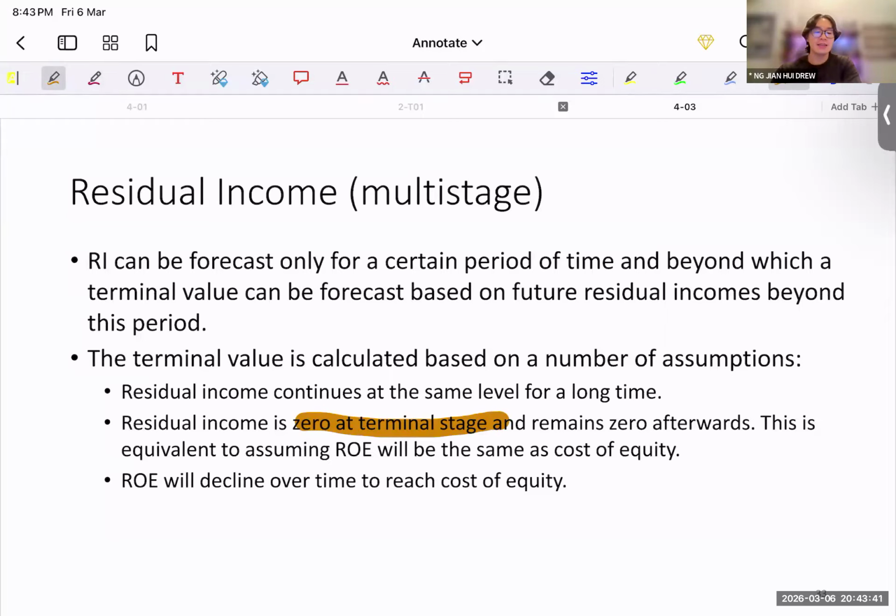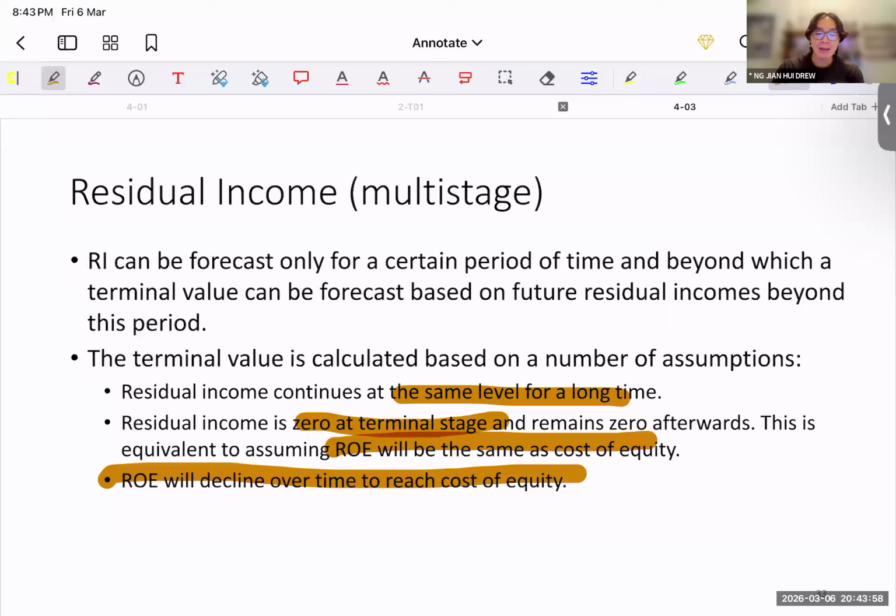Basically, the return on equity is the same as the cost of equity. It can be growing at a standard growth level, or your return on equity can decline over time, right? And this one, fortunately, I think for you, is not part of the syllabus, so you don't have to learn how to calculate this. Declining over time.